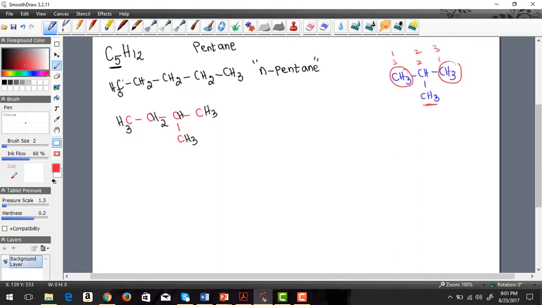In this case, that's not true. This CH is not only right in the middle, but this carbon is not surrounded by the same groups.